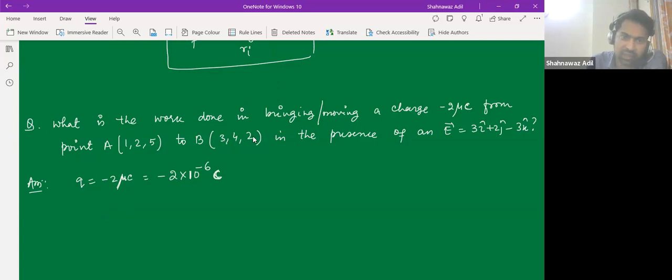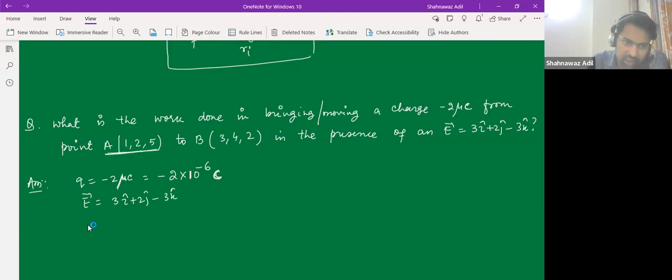And these are standard units, volt per meter, or we can write Newton per coulomb. So this electric field is i plus 2j minus 3k hat. And then these are the points.